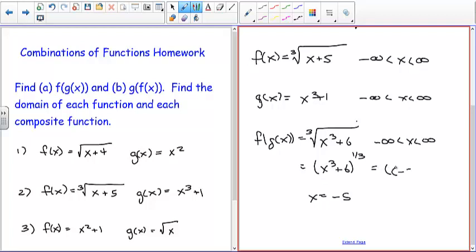So if you take -5 cubed plus 6 and then raise that to the 1/3 power. So -5 cubed is -5 times -5, which is positive 25. Positive 25 times -5 is -125. So that's -119. So can we take the cube root of -119? So let me plug it into my calculator. -119 raised to the 1/3 power, and the answer is, no, didn't like that.